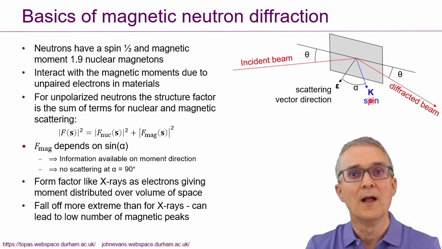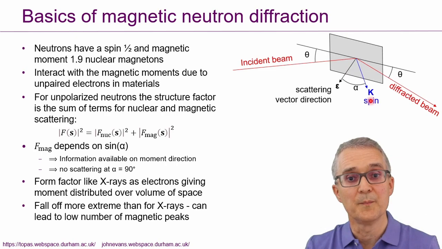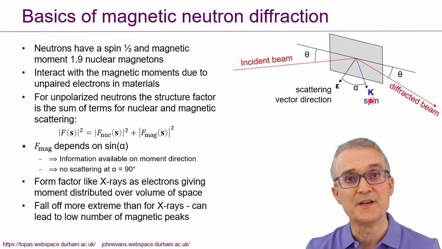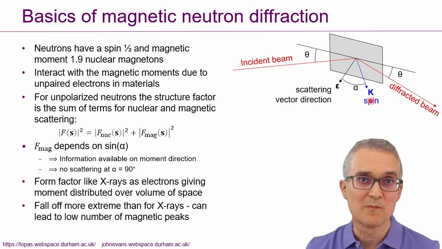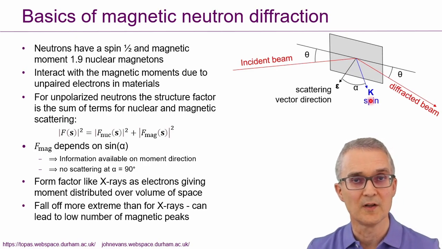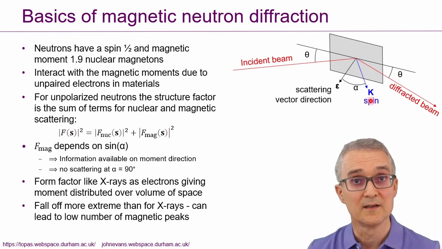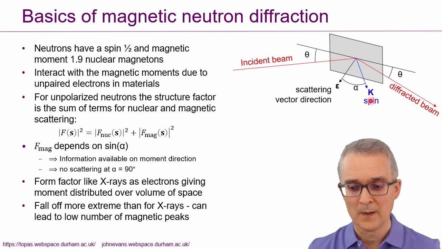And the fall off in intensity with sine theta over lambda, or inverse d-spacing, means that you often have a small number of intense magnetic peaks that you can follow. So you're often limited in terms of the information quality in the magnetic diffraction experiment.